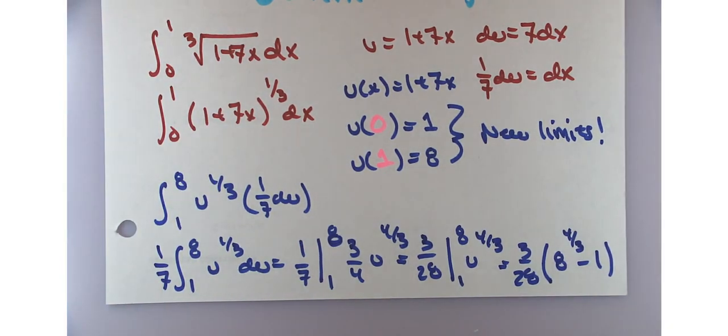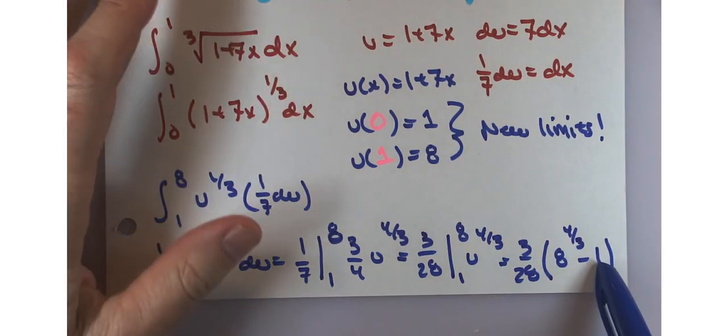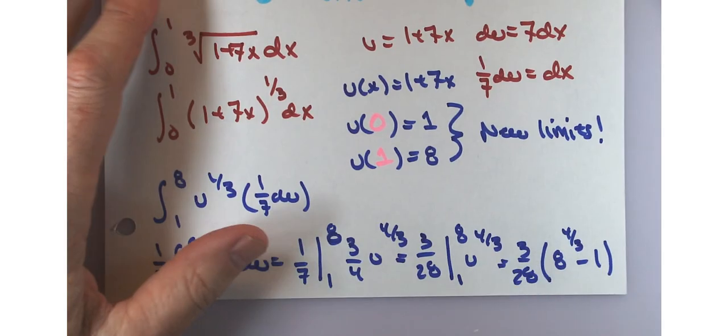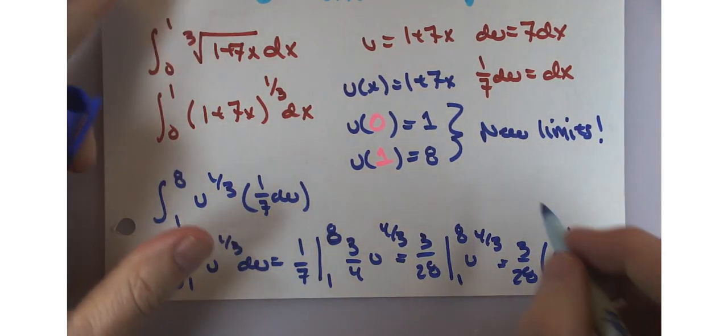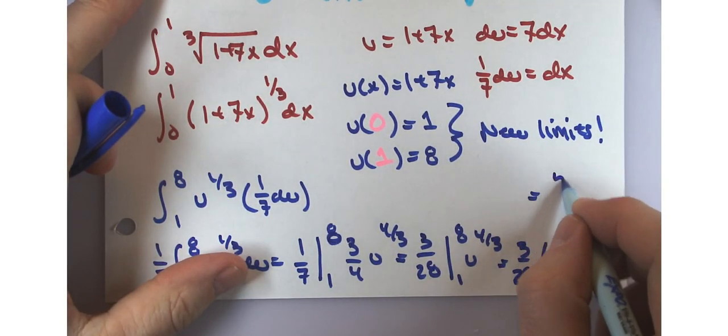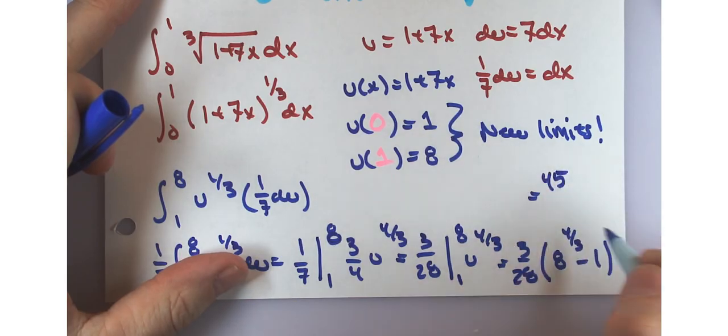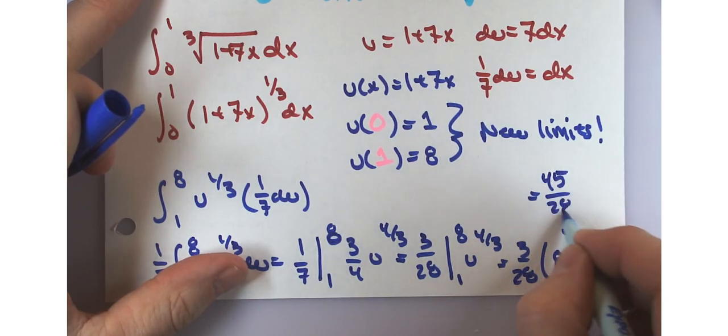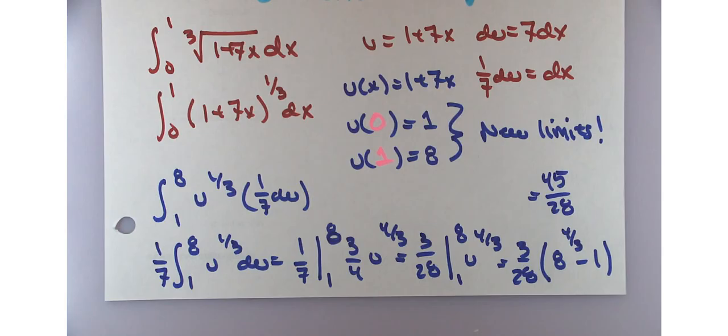That's going to be 16. 16 minus 1 is 15, times 3 is 45. Should end up with 45/28. That will be my final answer.